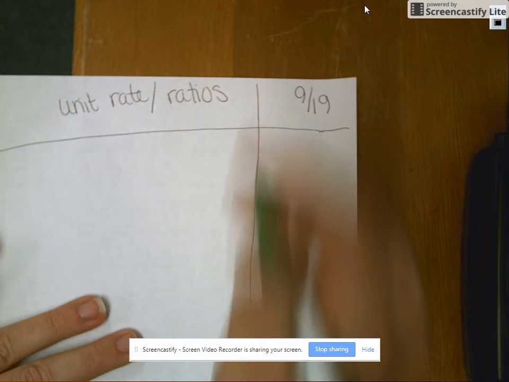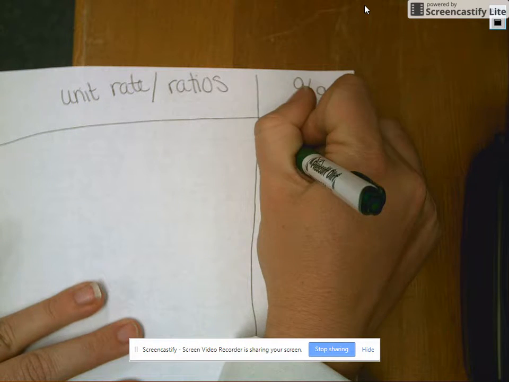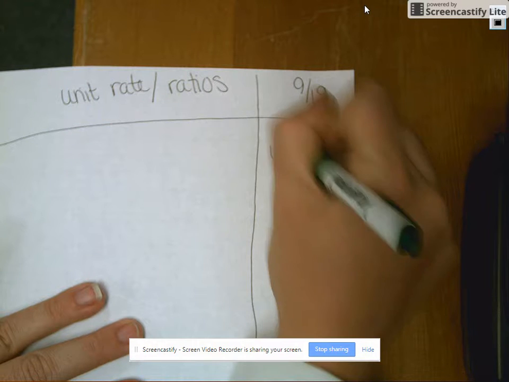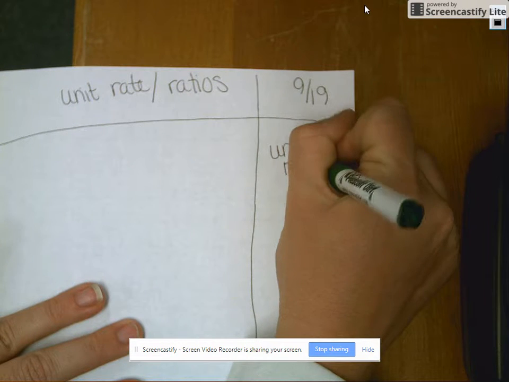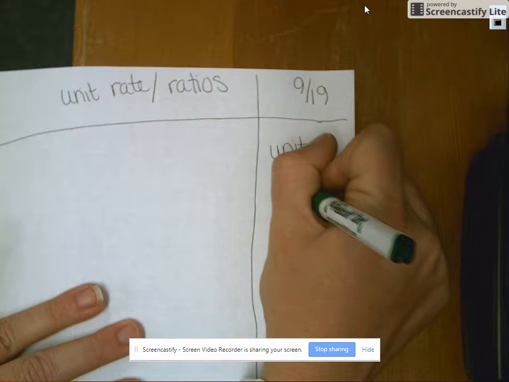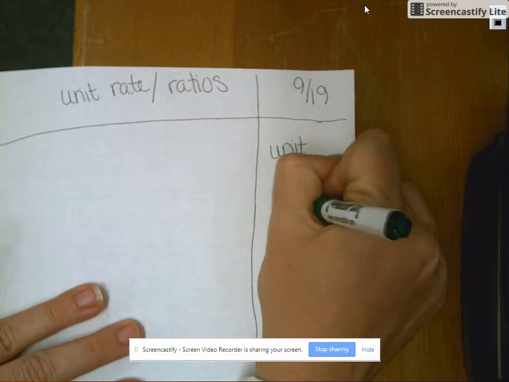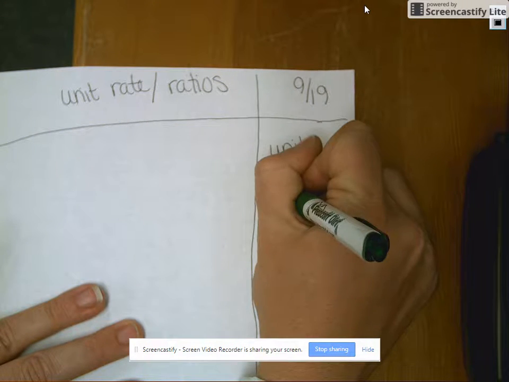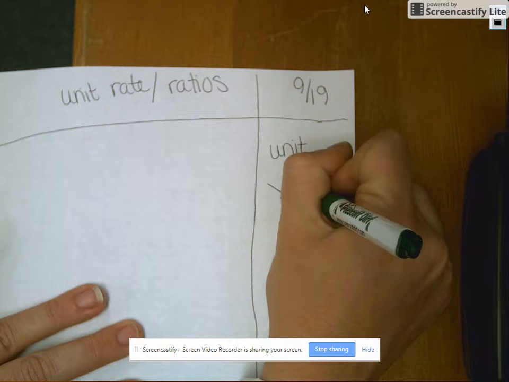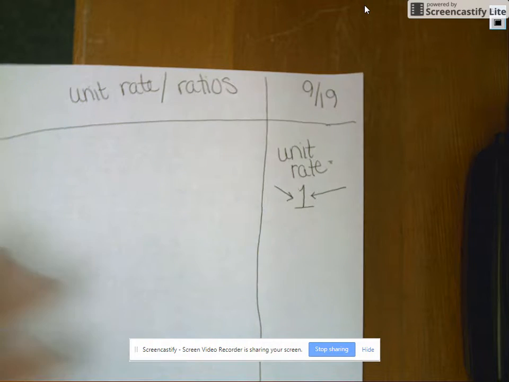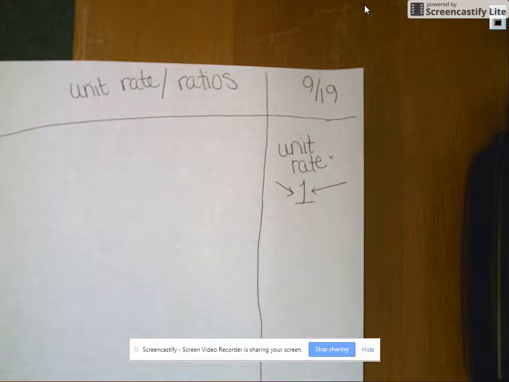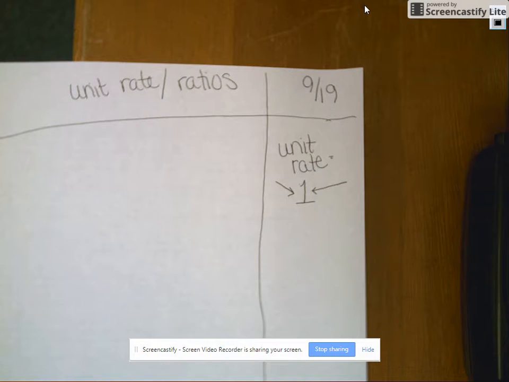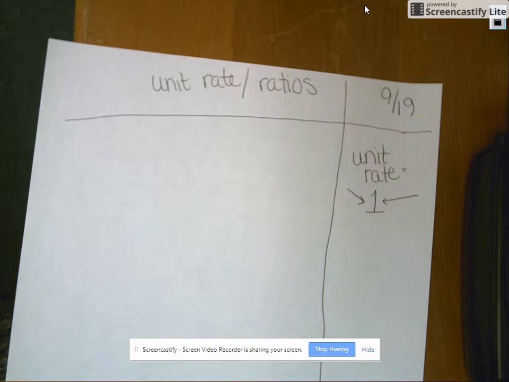The only word that I really want to make sure that we review is unit rate. Okay, remember that's how much something is when you have one of the other thing, okay? And remember, you have to figure out the unit rate in order to do anything with finding equivalent ratios and rates, okay?